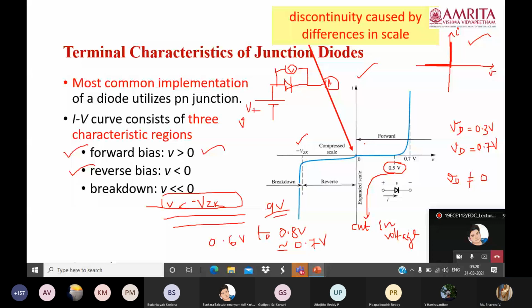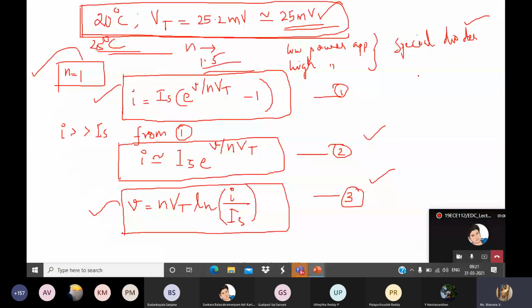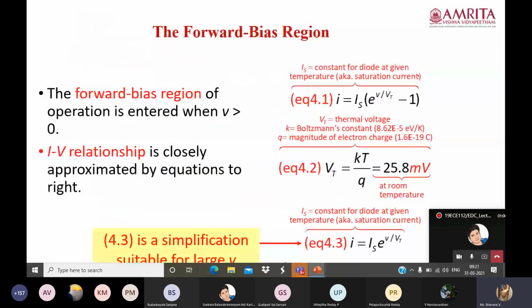If you increase the bias voltage to, for example, 30 volt, the terminal voltage will not increase. It will stay constant at 0.7 or 0.8 volt, but the current will increase rapidly. That way you have to analyze and verify it in the lab.